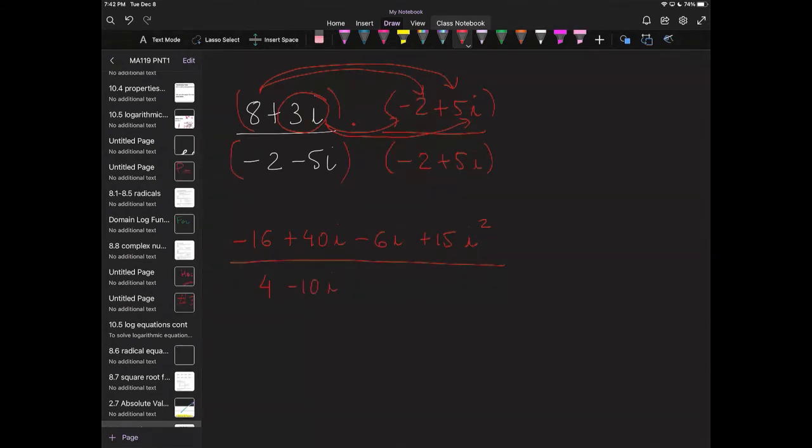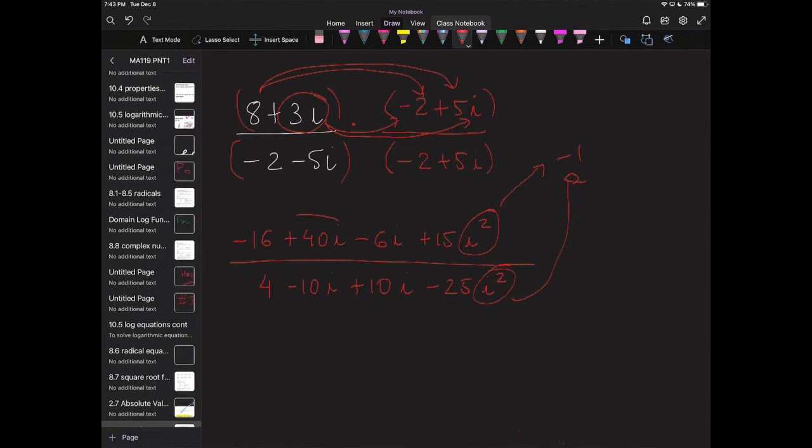I have negative 5i times negative 2, positive 10i. Negative 5i times positive 5i, so negative 25i squared. Again, i squared is negative 1, so we're going to replace that with negative 1.